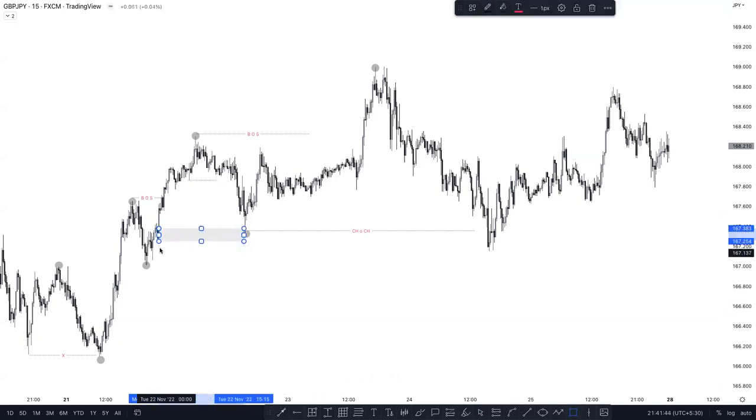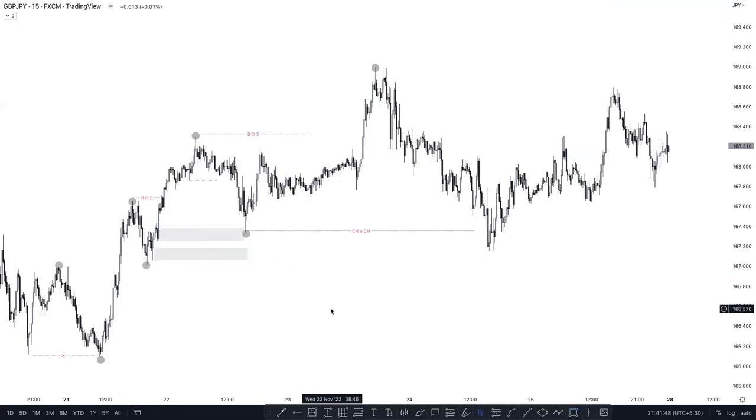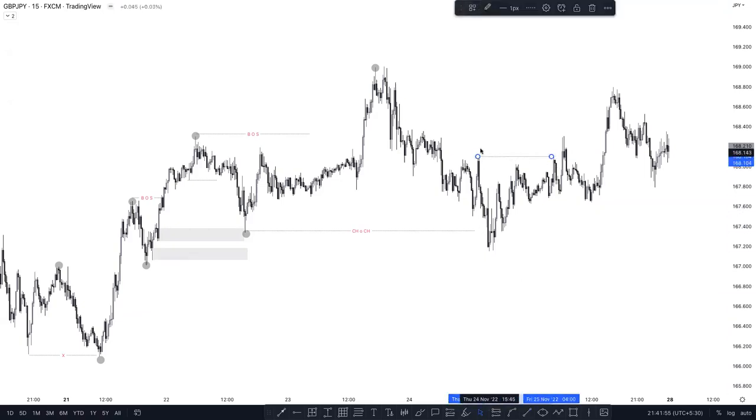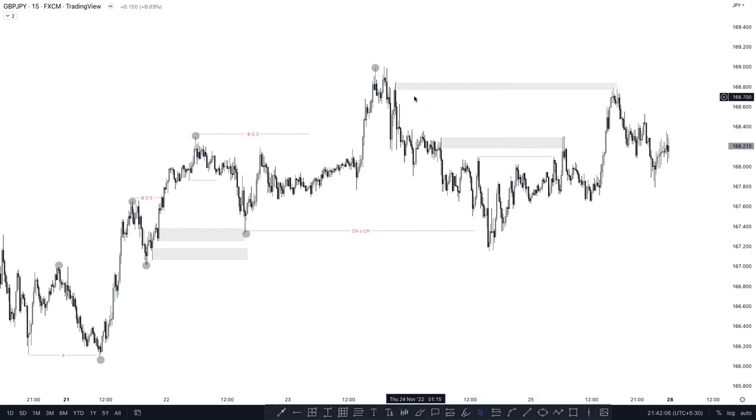It is here, and this one is also here, correct? In this leg, inducement. After taking out the inducement, we can sell here. First entry is the sell here, and the next possible sell is here on this shadow.